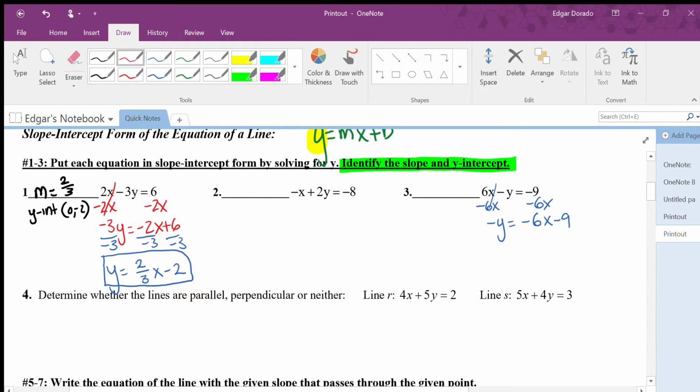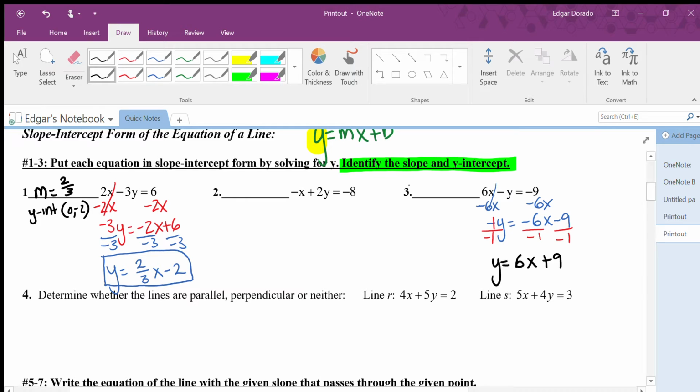We basically have to divide everything by negative 1, because really what's in front of that y is a negative 1. So we divide everything by negative 1 to get a final answer of y equals 6x plus 9. Again, negative divided by a negative is always a positive. So that negative 6 divided by negative 1 is a positive 6. Same thing with the 9.